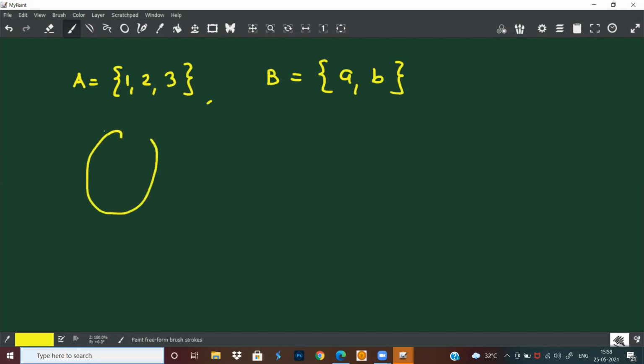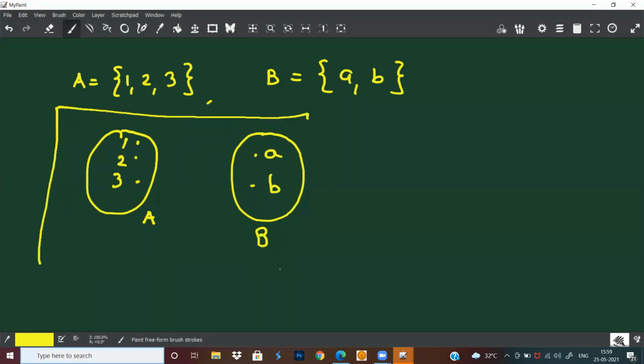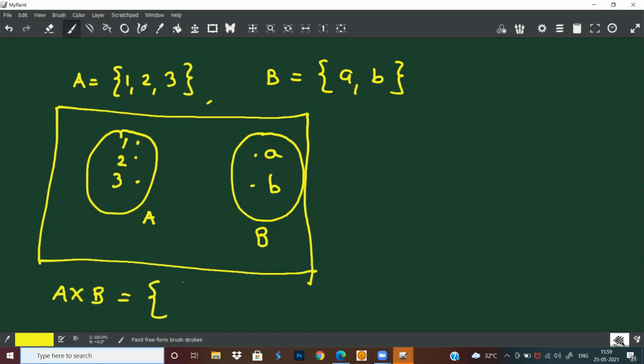See, suppose I take a set A, 1, 2, 3, and a set B, with elements A and B. Now, if I want the ordered pairs, the cross product or Cartesian product of A and B, I told you, you have to take elements of A and pair them with B. Correct?